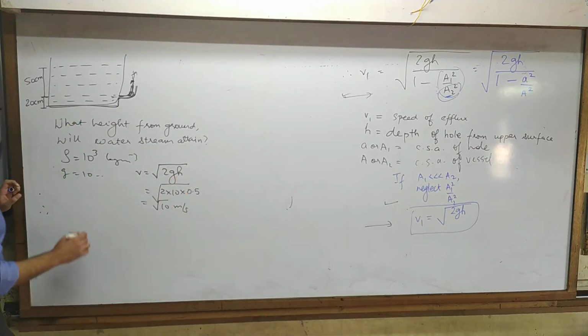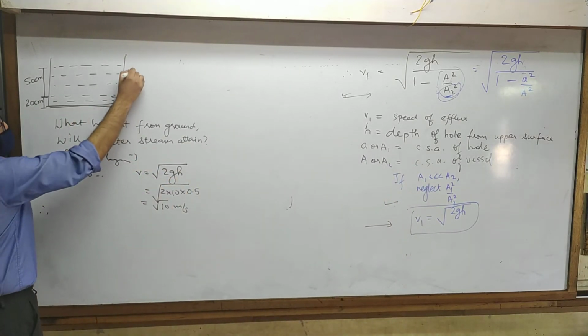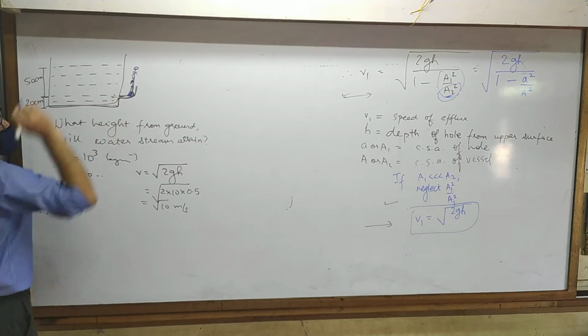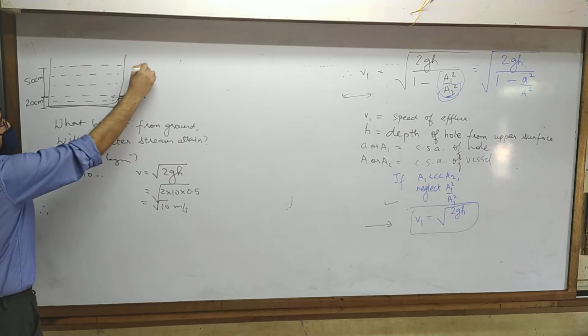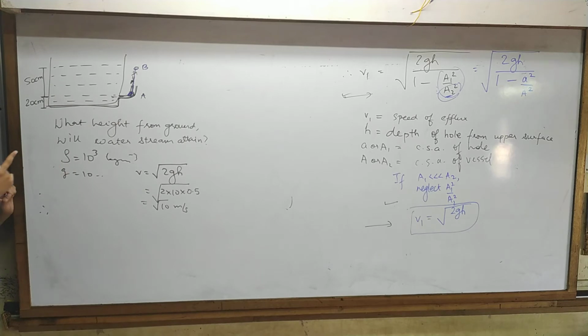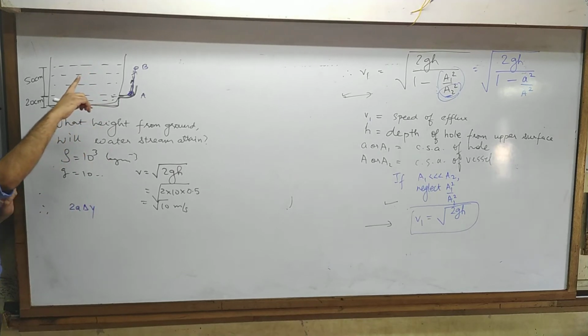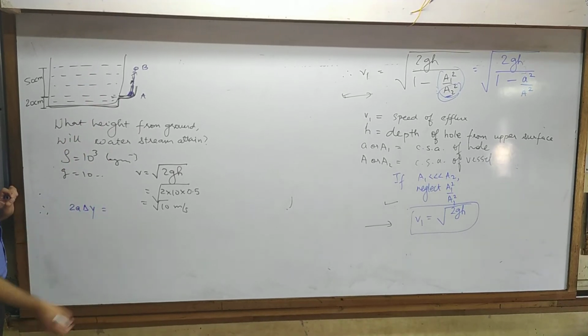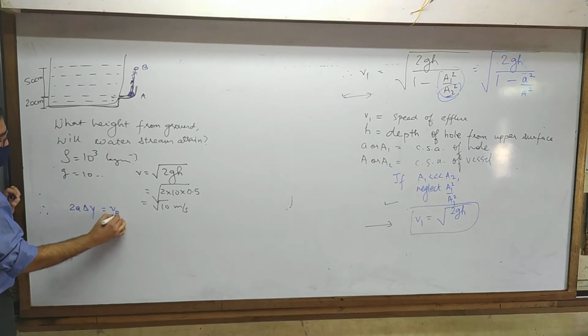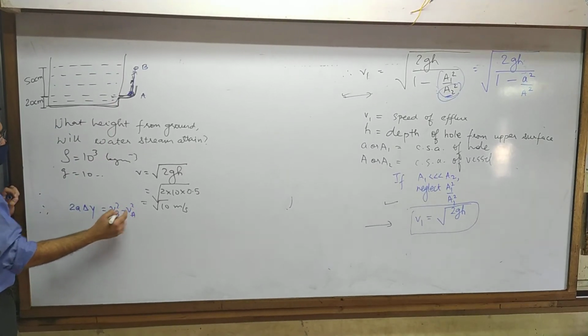When you put these values, let's say this is some water particle and it goes to some height. A, B, initial and final. I hope you remember we used to do it like that. So now if we use the third equation of motion, 2a delta y, I'm using y because this is in y, is equal to final speed squared minus initial speed squared.